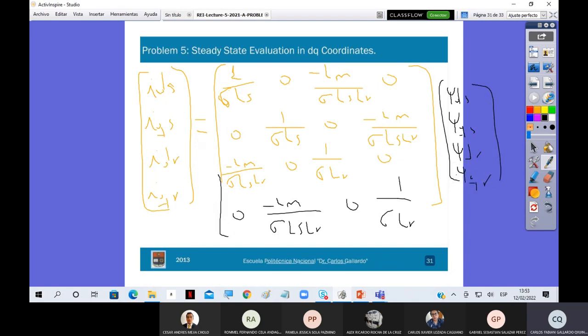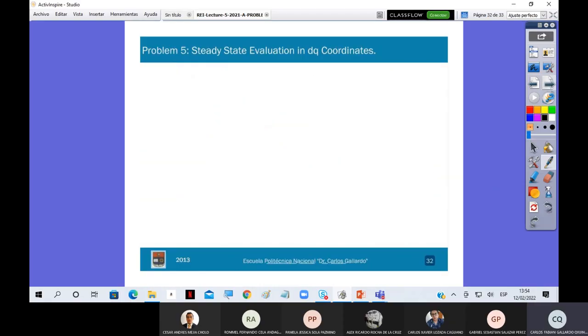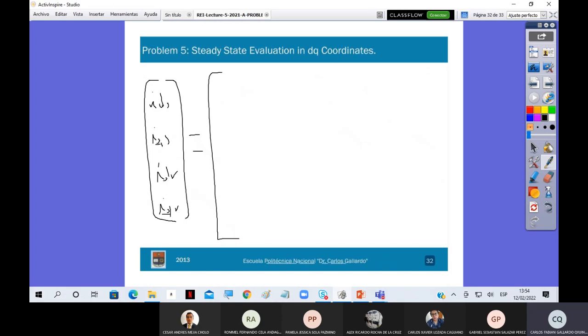This is for the stator, these two terms, and these two terms are for the rotor. Okay, so let's compute this current. I will have the direct axis current, the quadrature axis current, the direct axis current, the quadrature axis current, and this is equal to this matrix, right?